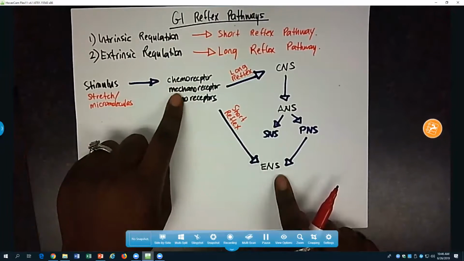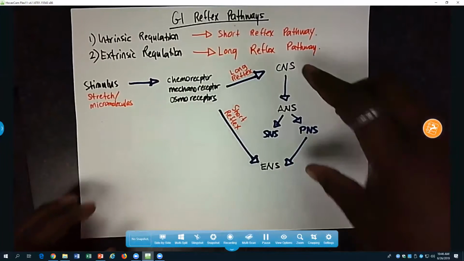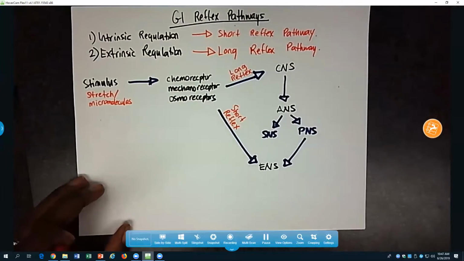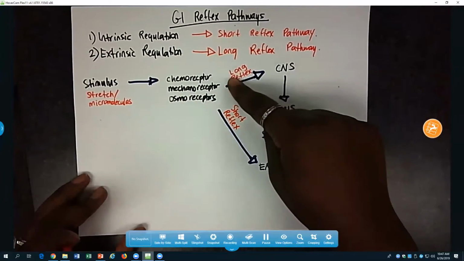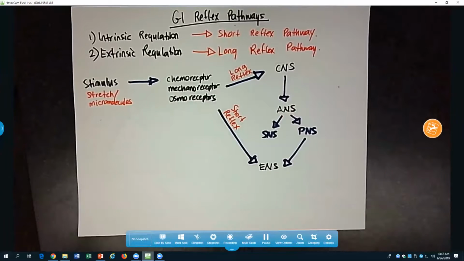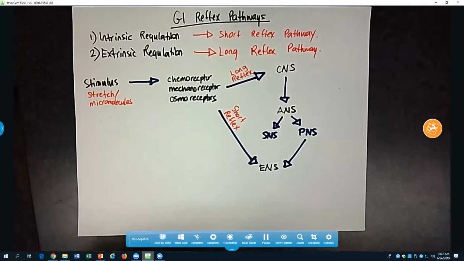So these receptors directly engage the enteric nervous system, right? In the absence of any central nervous system involvement. Right, so this is extrinsic regulation, taking the long pathway, engaging the central nervous system, engaging the parasympathetic nervous system, and then the short reflex directly engages the enteric nervous system.